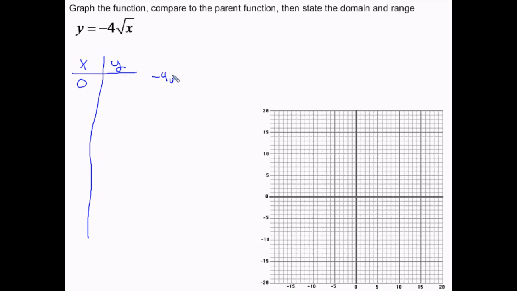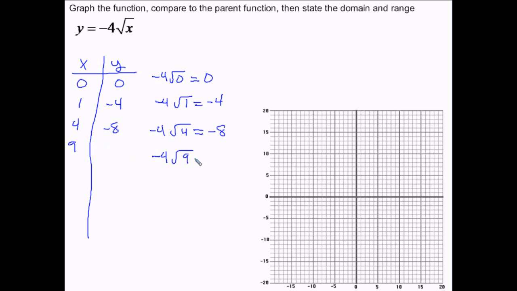Negative 4 times the square root of 0 is 0. Negative 4 times the square root of 1 is negative 4. Negative 4 times the square root of 4 is negative 8. Negative 4 times the square root of 9 is negative 12.